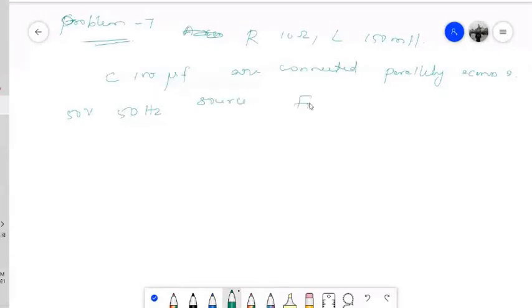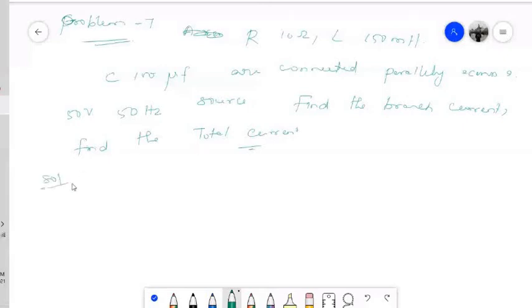Now you need to find the branch current and also find the total current. Find the branch current and the total current.